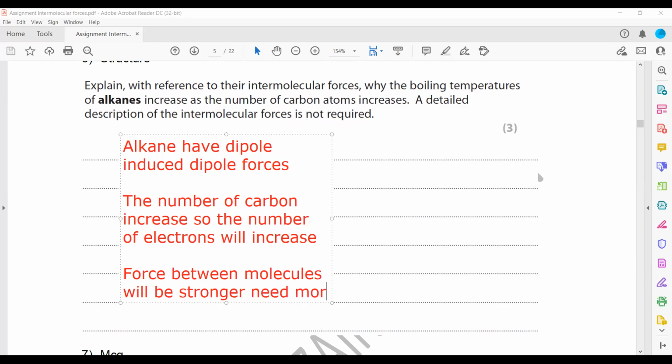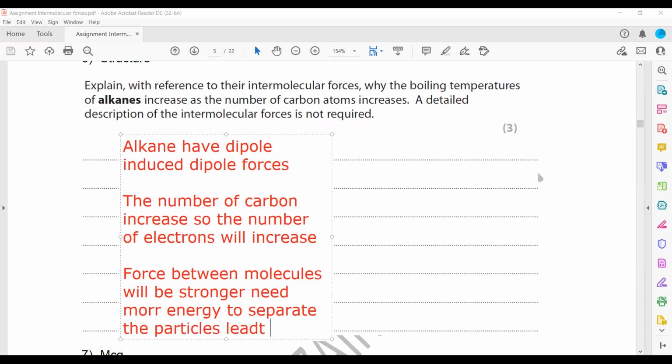It needs more energy to separate the particles, which leads to an increase in boiling temperature.